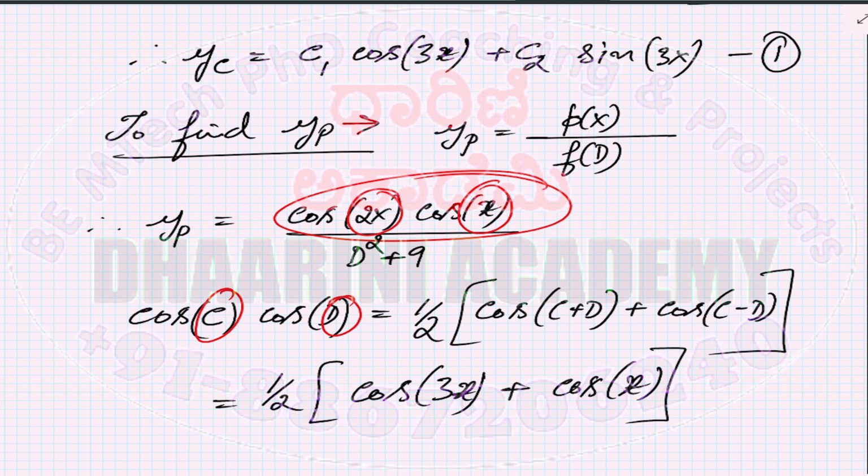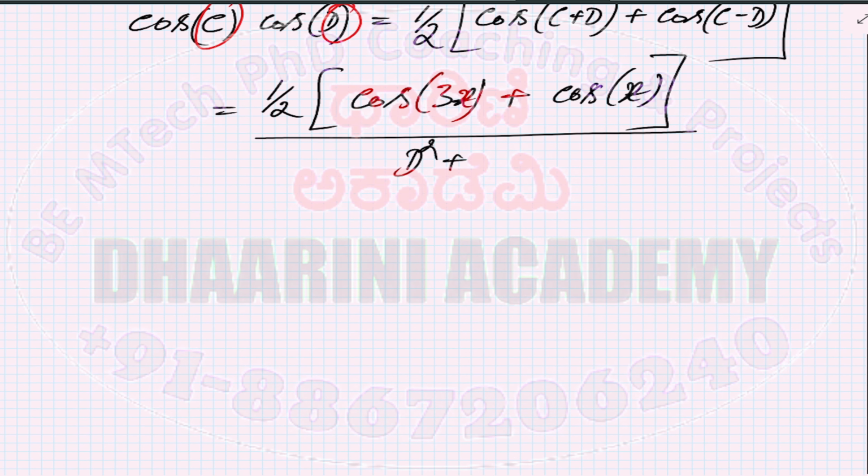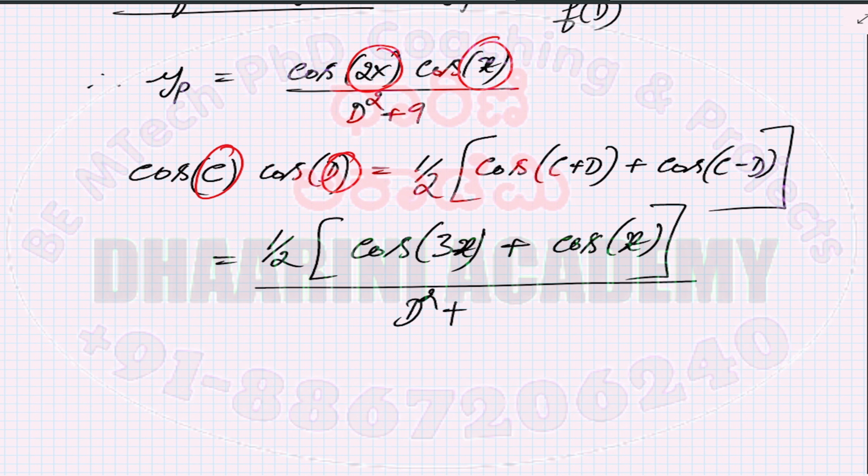Let's proceed. That is divided by the denominator, which is d square plus 9 as it is. Yeah, this is d square plus 9.